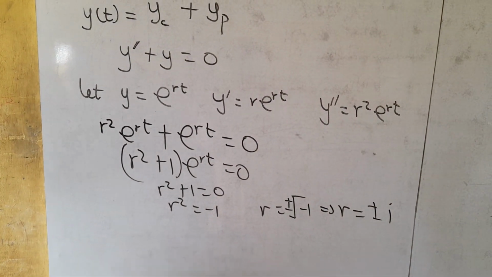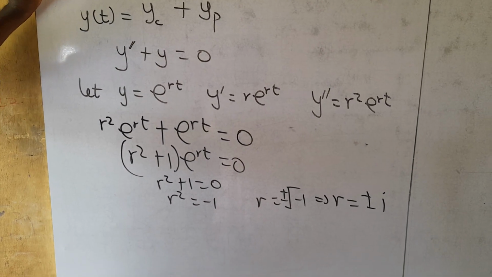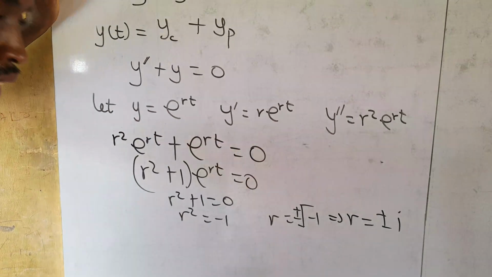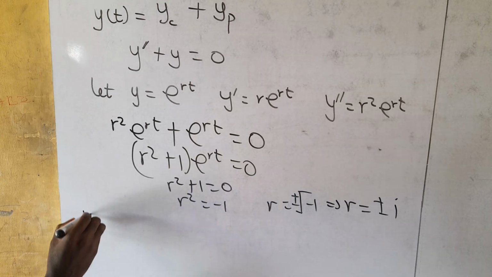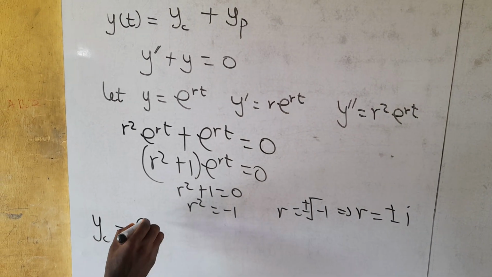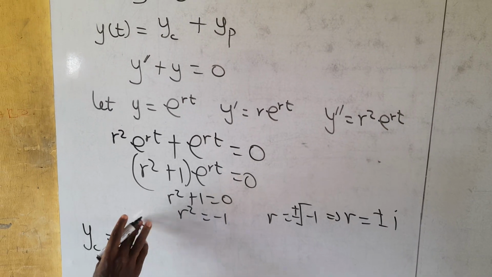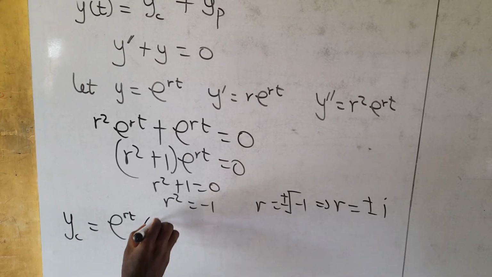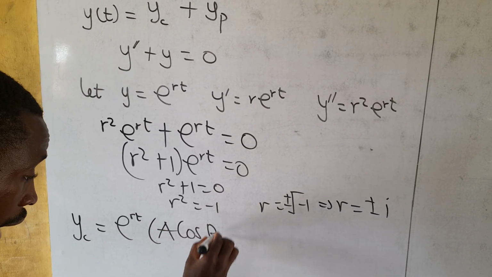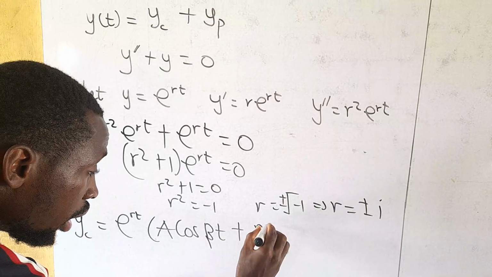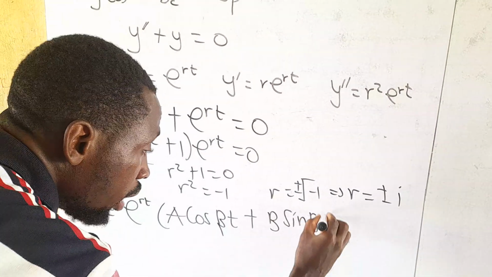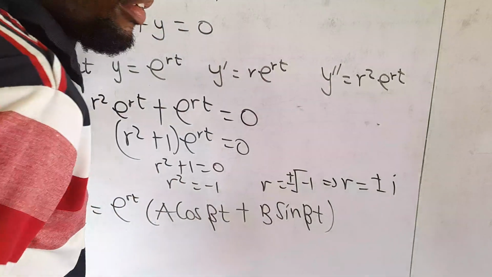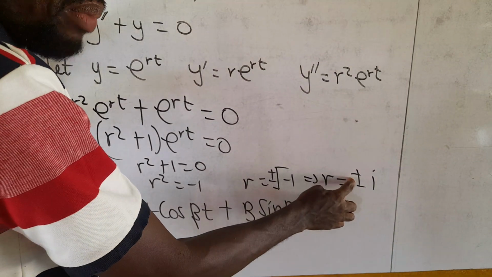And we said that when we are solving a homogeneous higher order ordinary differential equation and the roots of the quadratic equation are complex, then the general solution, our y of c, will be equal to e exponent alpha t bracket a cos beta t plus b sine beta t, where alpha is the real part of the complex root. And remember, the real part here is 0.